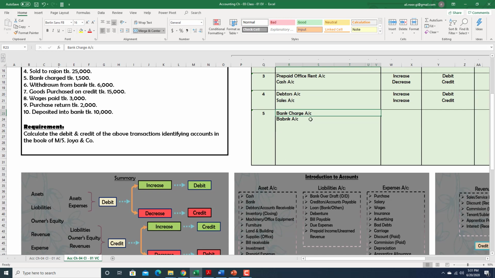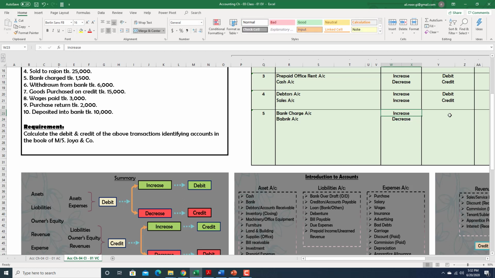So we can decide from our diagram that bank charge account increased because it occurred and we have to pay it, and bank account, since an amount of 1500 has been deducted from our account, decreased.